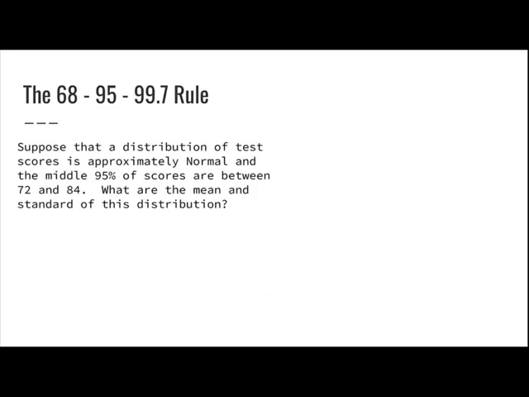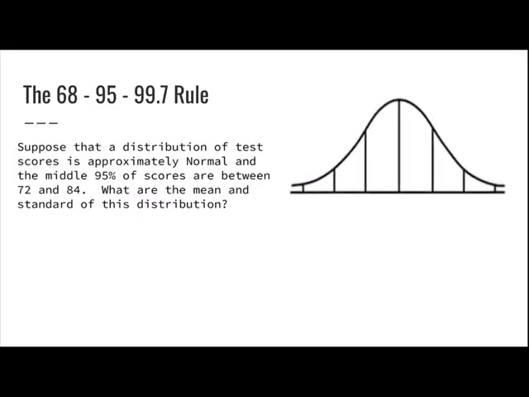Suppose that a distribution of test scores is approximately normal, and the middle 95% of scores are between 72 and 84. What are the mean and standard deviation of this distribution? So again, we're going to start with our normal distribution. All right, and we know that this portion in here is 95%. So that means on one end we're at 72, and the other we're at 84.